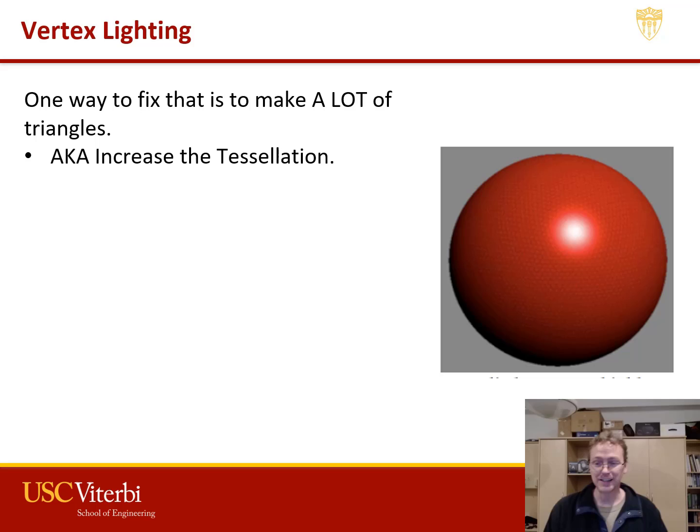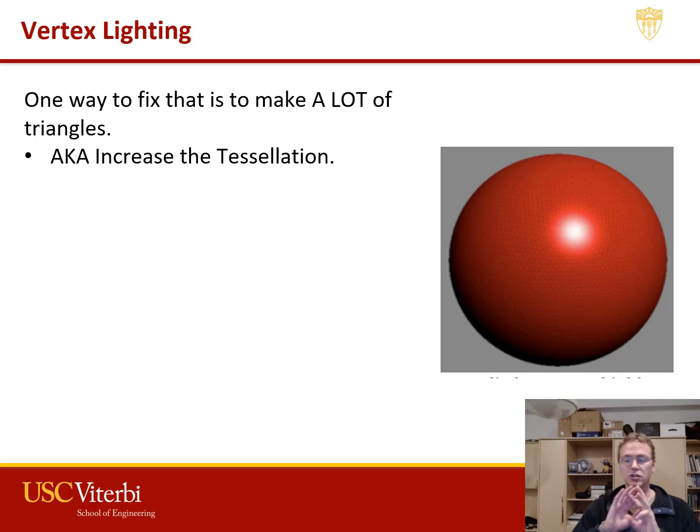One way to fix that is to make a lot of triangles, increase the tessellation. So here we've just got another sphere, and on the video you probably can't even tell, but it sort of looks speckly, maybe looks like a kickball or something. That's because that's the wireframe. If you look at the edge, you can probably tell that it's very smooth on the edge.